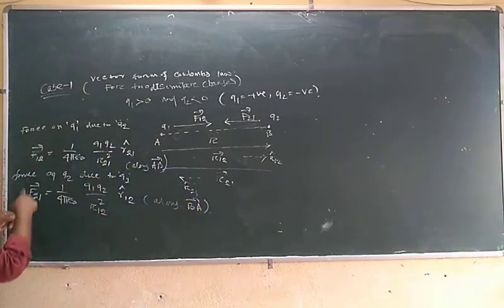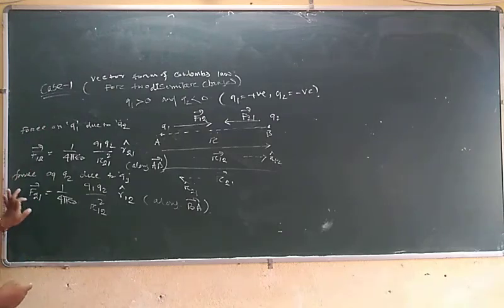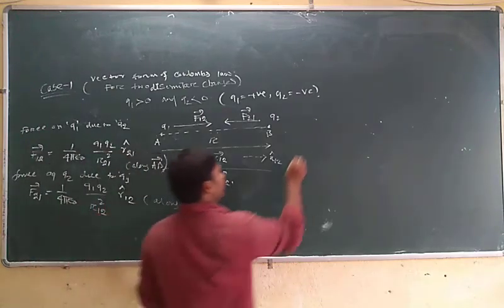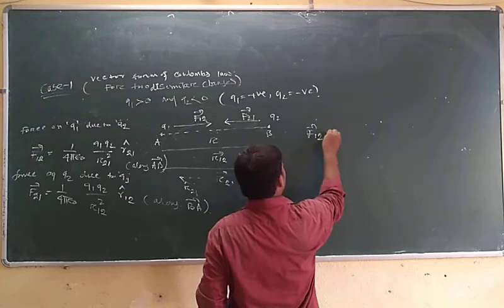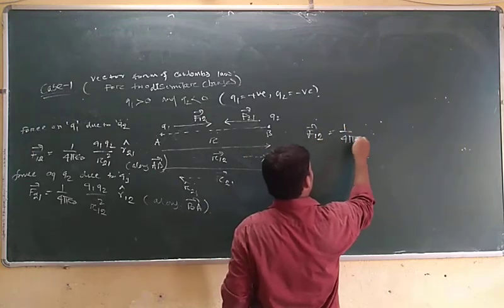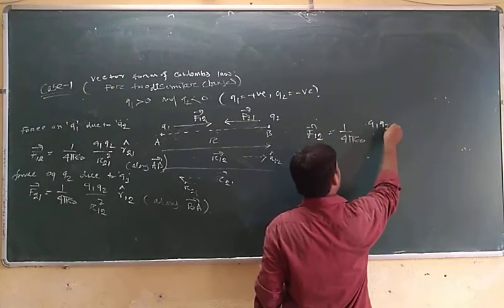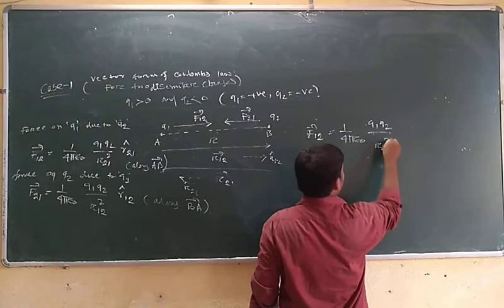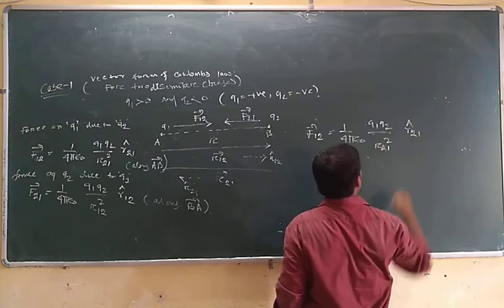Now come to the relation between the F12 vector and the F21 vector. F12 vector equals 1 by 4 pi epsilon naught q1 q2 by r21 square r21 cap. This can be written with r12 square, because both have the same magnitude, and it will be written as minus r12 cap, because the magnitude of the r12 vector equals that of the r21 vector, and r12 cap equals minus r21 cap.